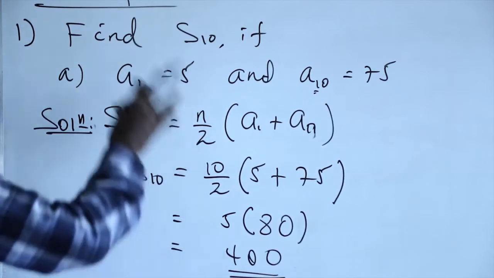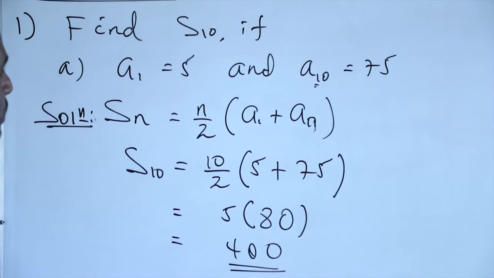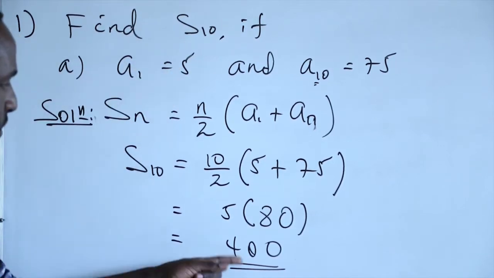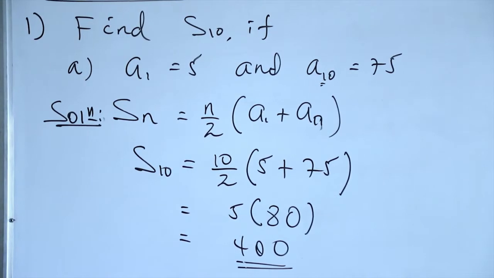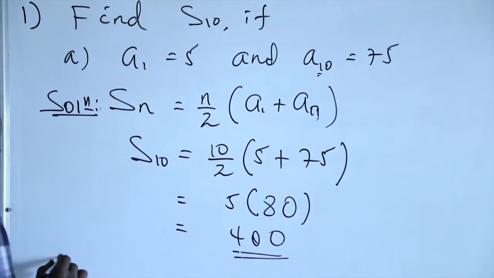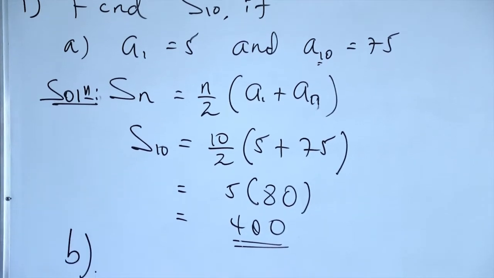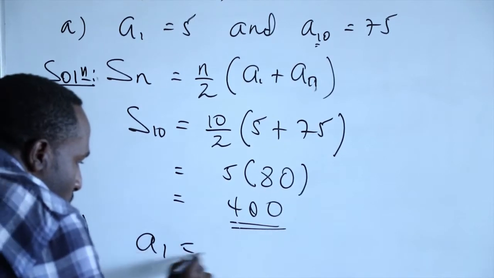The sum from a1 up to a10, with the sequence starting from 5, is equal to 400, as we can see.